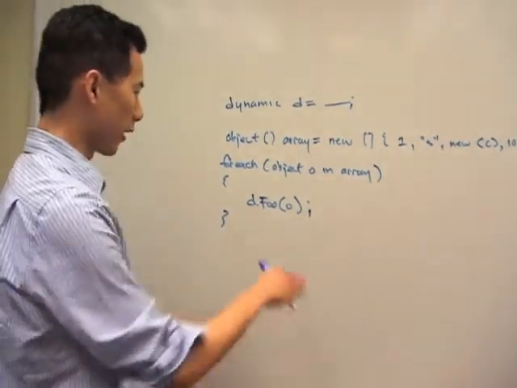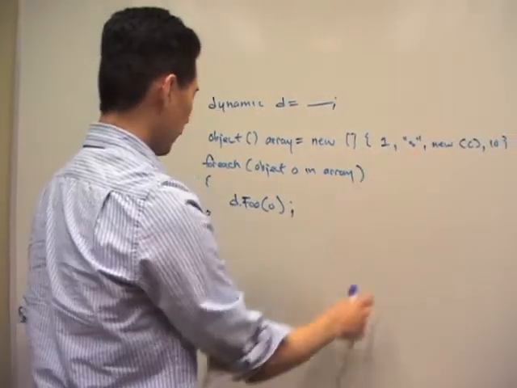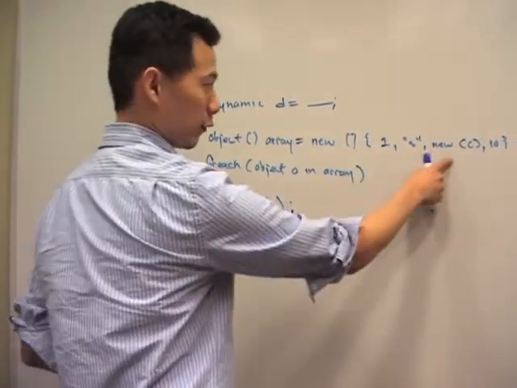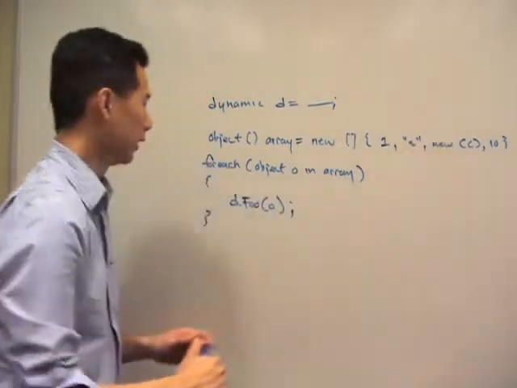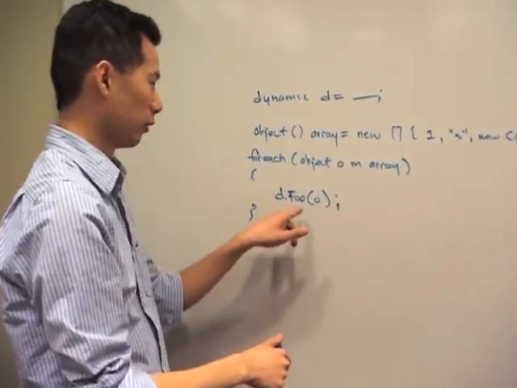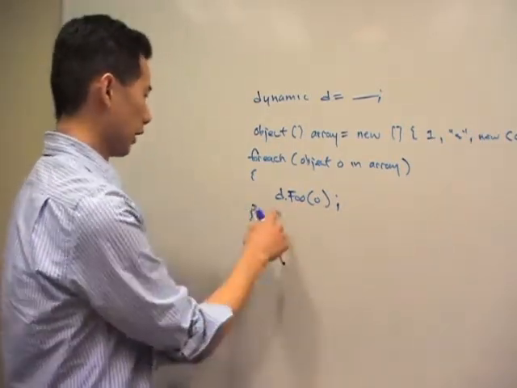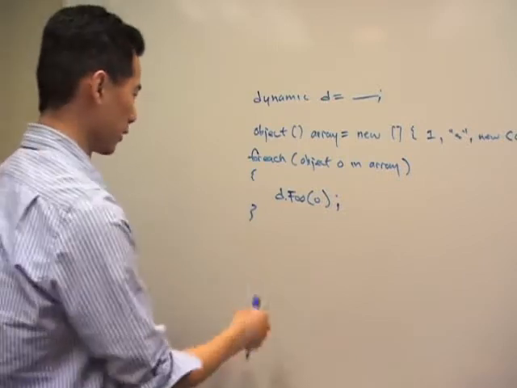So suppose I've got an overload of foo that takes an integer, an overload of foo that takes a string, and I don't have an overload of foo that takes a C, for example. The first time we go through this, we'll want to bind this to the foo that takes an int.